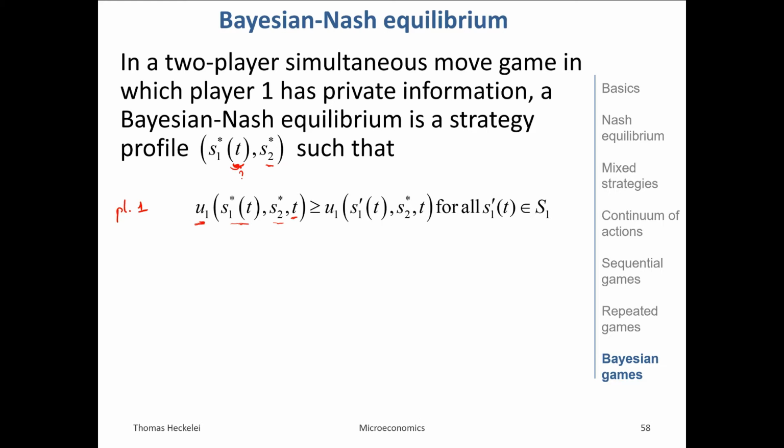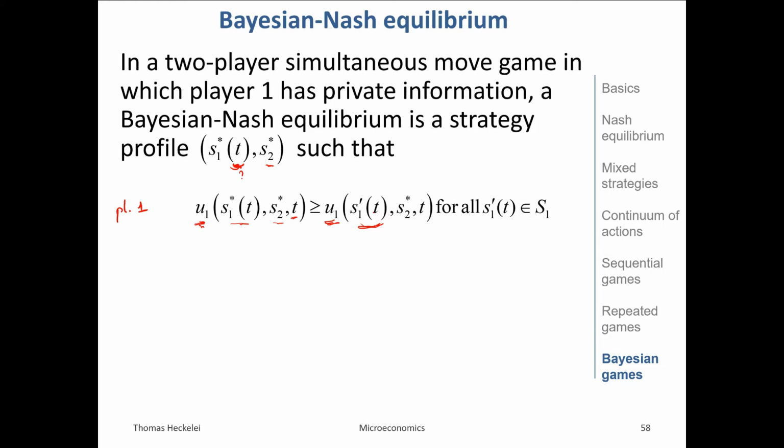It reminds you a little bit of the envelope theorem that we had before when we had indirect objective function. So similar idea. That payoff must be larger than the payoff he or she earned from playing any other strategy within his possible strategy set.